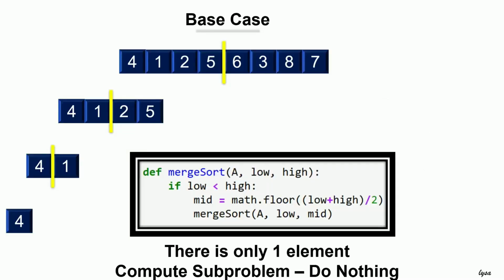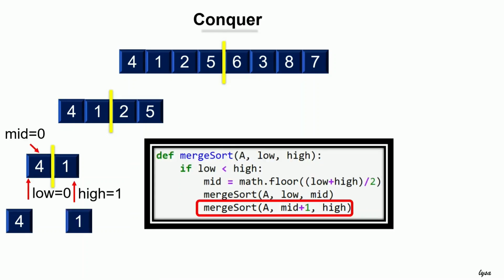Now that we are at the base case, we have to compute a subproblem. In other words, I have to find the sorted sublist. The sorted sublist of a single element is itself, so we do nothing when we come to the base case. Now that we have come to the base case, we now look at the right of the sublist. The innermost sublist is 4, 1, and so the right of the sublist is the element 1.